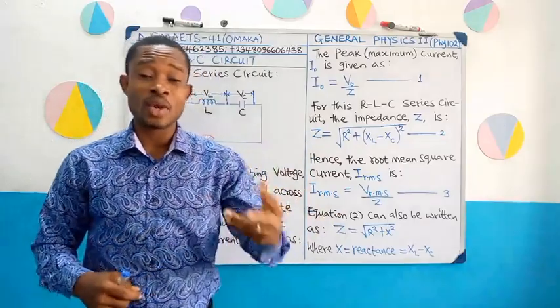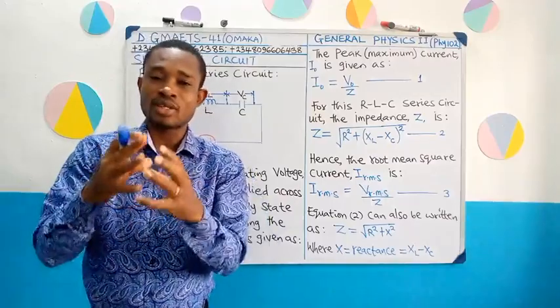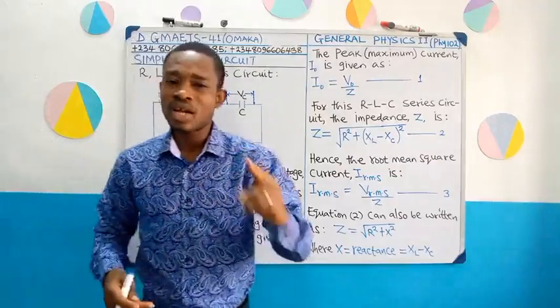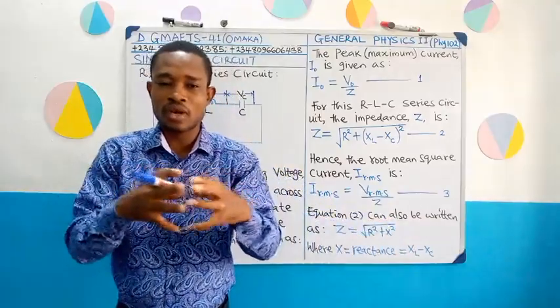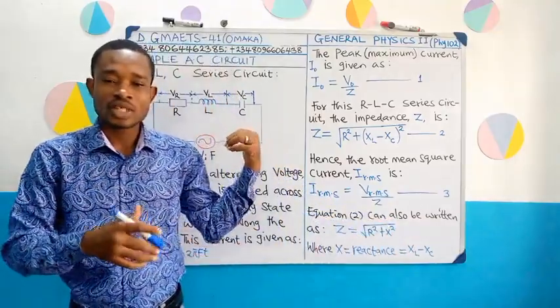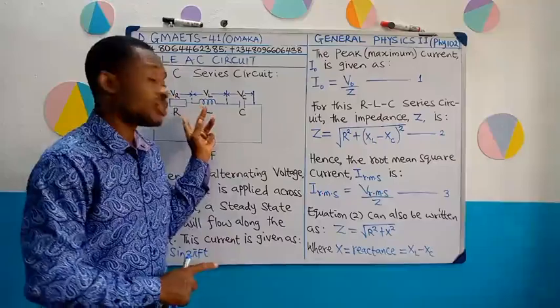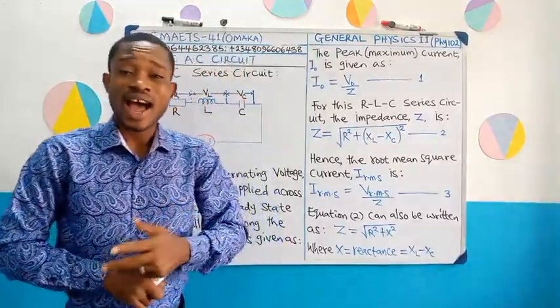We have an inductor and a capacitor there. So the quantity opposing current, considering Ohm's law, will no longer be R alone. We're going to put these three elements together. The opposition to the flow of current offered by the resistor is known as resistance. We use R for it.